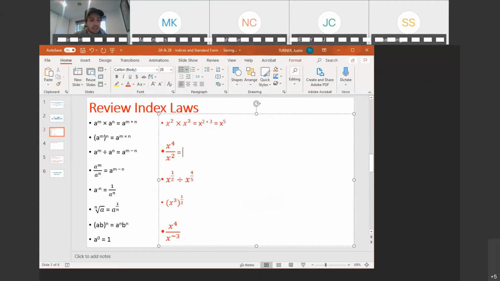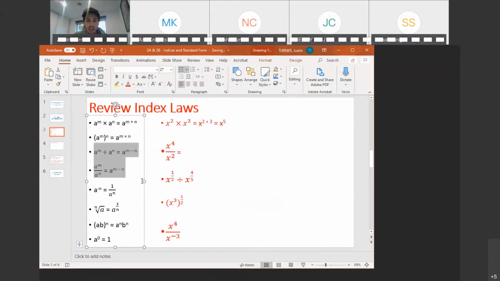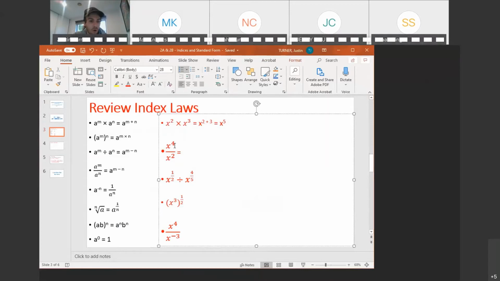This next one is an example of these two. These two are actually essentially the exact same rule. We should know that a divided by sign is the same as putting it as a fraction. These two things are the same. And what we end up with is, if you have x to the power of 4 over x to the power of 2, you just need to subtract the powers.